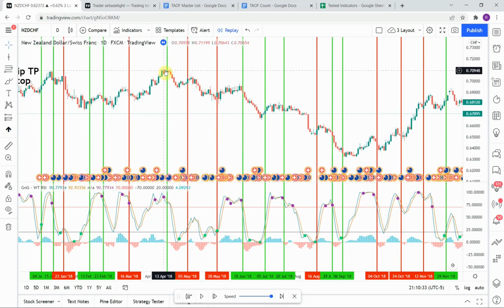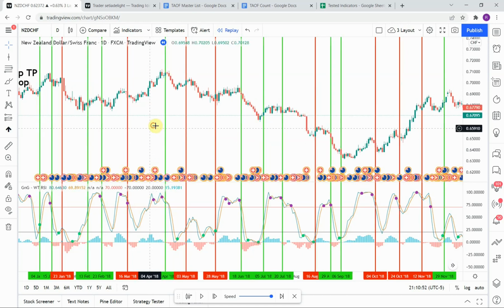In some instances, it was calling tops or even bottoms almost right as they're taking place, or even slightly before, which in theory is a really decent thing, and kind of what you want out of an indicator, to get you in at the best possible time.